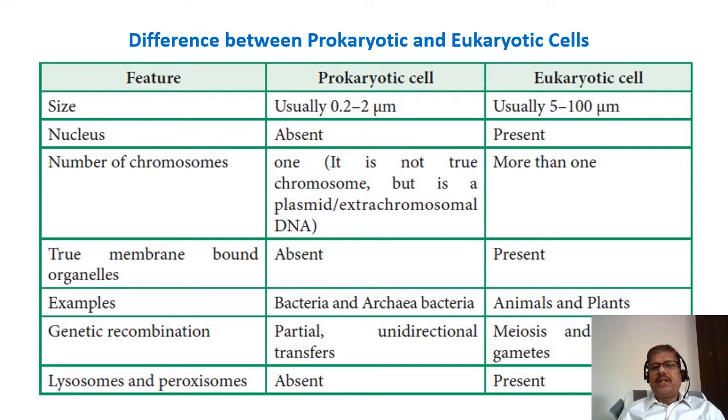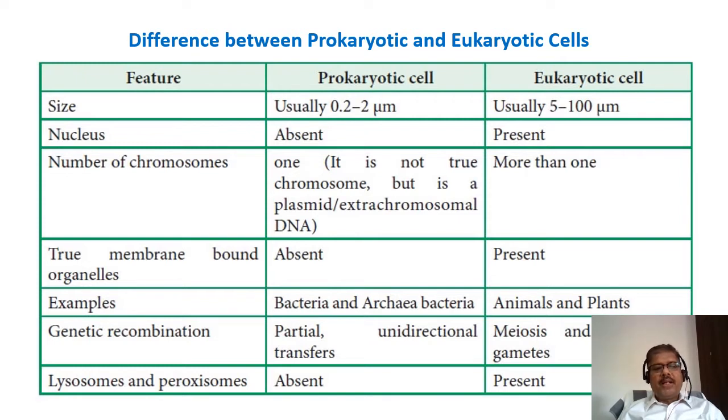In eukaryotic cells, it ranges between 5 to 100 microns. The nucleus is absent in the prokaryotic cell, whereas it is present in the eukaryotic cell. With respect to the chromosome number, usually in prokaryotes there is only one, whereas in eukaryotic cells there is more than one.